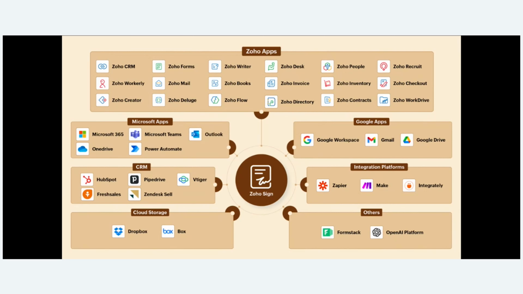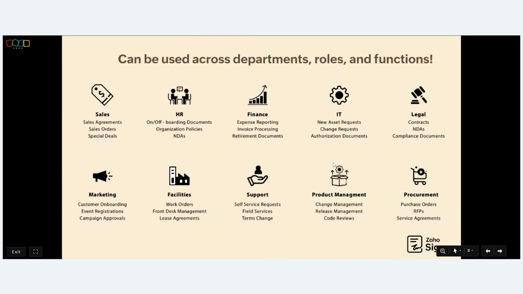In terms of the broad use cases where Zoho Sign is being used, here are the broad use cases across the departments and functions where you can put Zoho Sign to use. Not just sales, Zoho Sign can be used across all departments like HR, where the HR team will collect new joinees' signatures in various documents, starting with their employment contracts and NDAs, and where they would need to get the dealer's signature on quotations and service agreements.